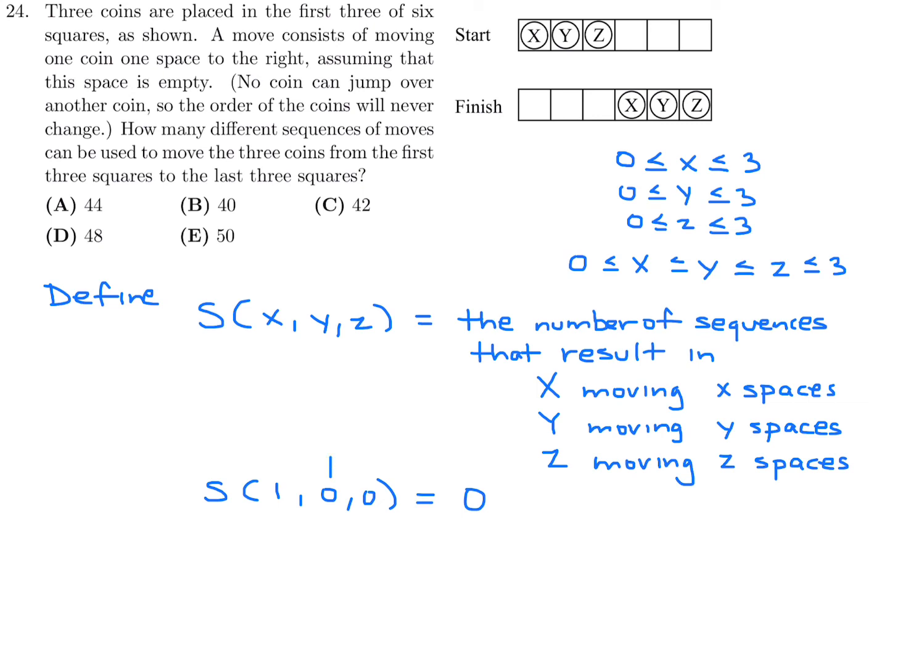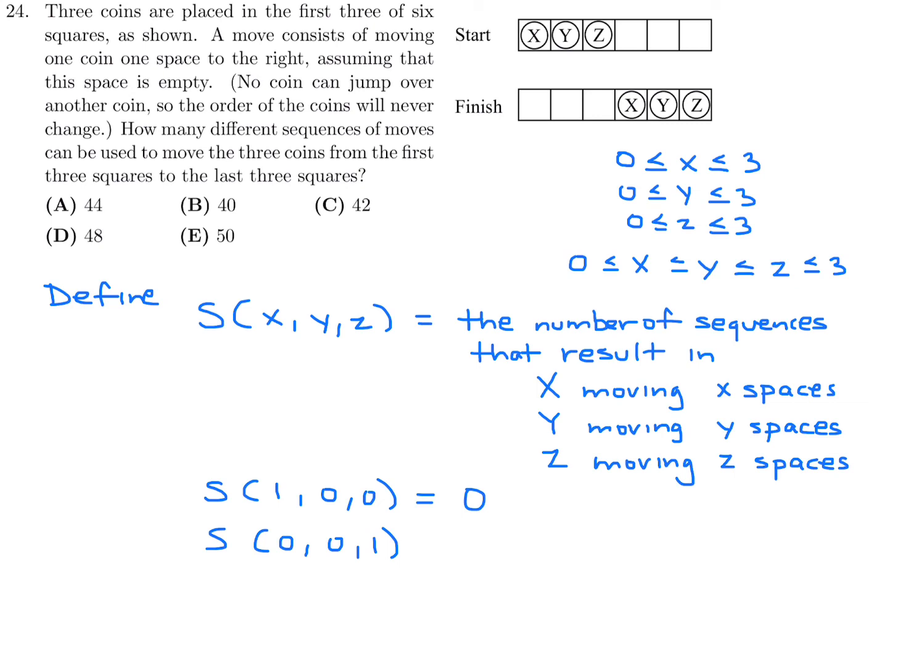If this is 0 and this is 0, that basically means that Y didn't move, Z didn't move. But this is 1, that means that X has moved 1, and that's not possible. So since it's not possible, that is 0 sequences.